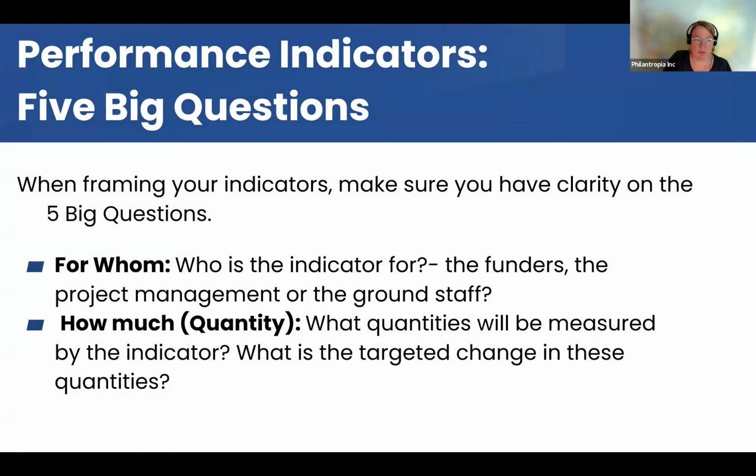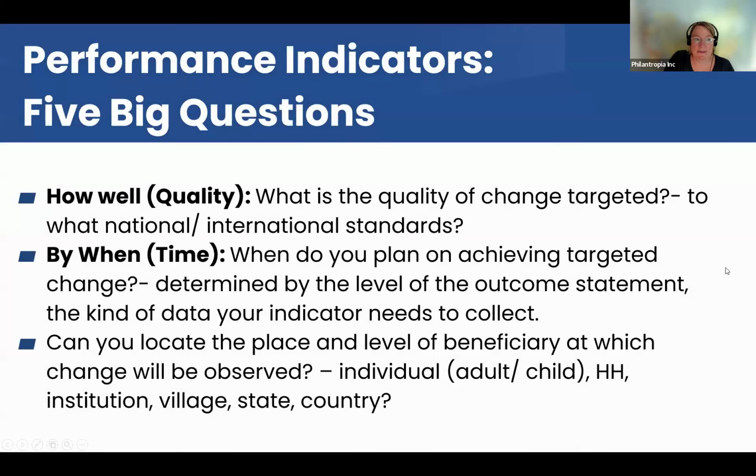What quantities will be measured by the indicator? What's the targeted change in these quantities? So do you want to build something and go from number X to number Y? Do you want to have a percentage change in school attendance, in the way people see things, etc.? What is the quantity change that you want to achieve?